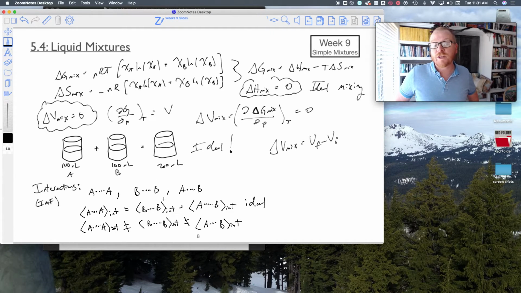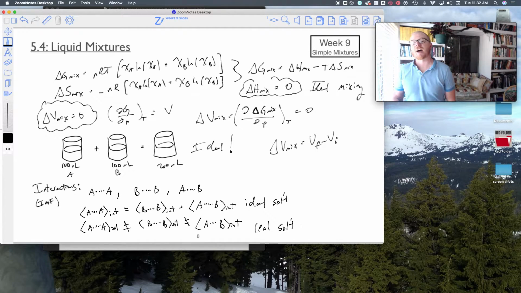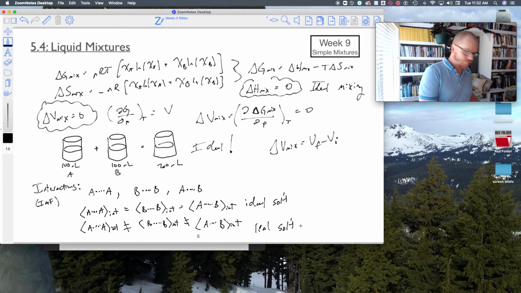So suppose it can only do London dispersion. Okay. So maybe an example of this is A is water and B is some greasy alkane, right? Well, then definitely they're not going to interact with each other, right? So the interactions all around are going to be different, and this makes a real solution, okay? And of course, that real solution we could further classify as ideal dilute if the solute follows Henry's law and the solvent follows Raoult's law, okay?